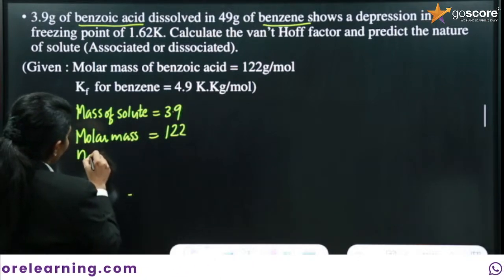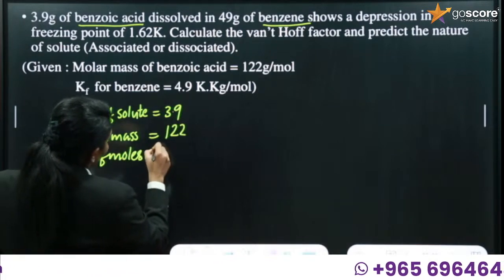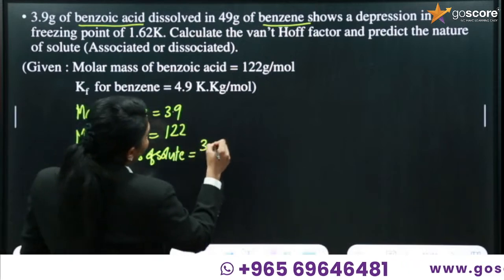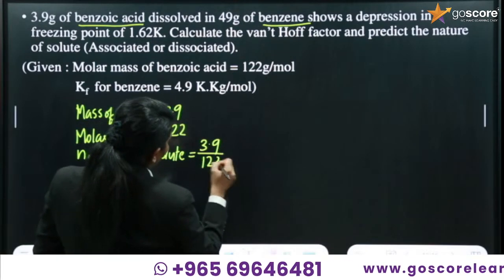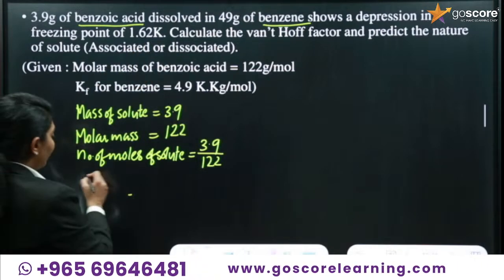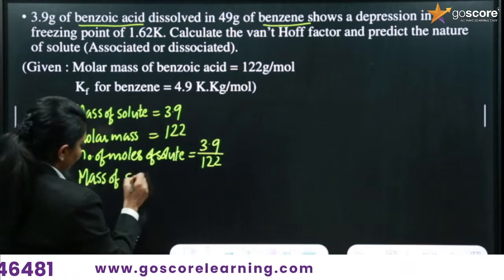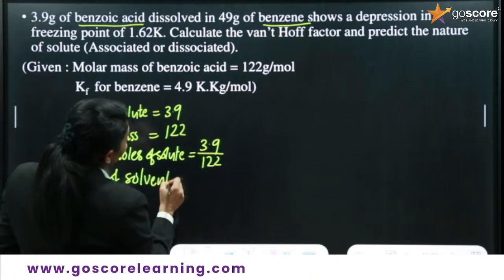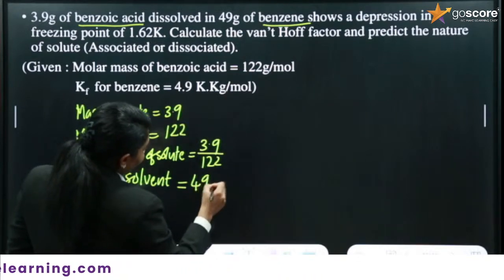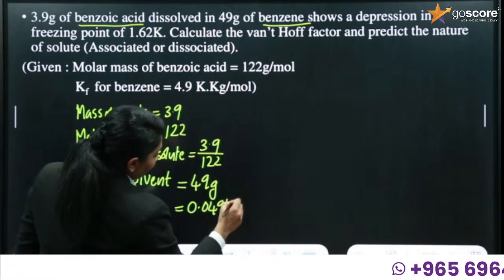Number of moles of solute is equal to 3.9 divided by 122. And the mass of solvent is given, 49 gram, that means it is equal to 0.049 kilogram.